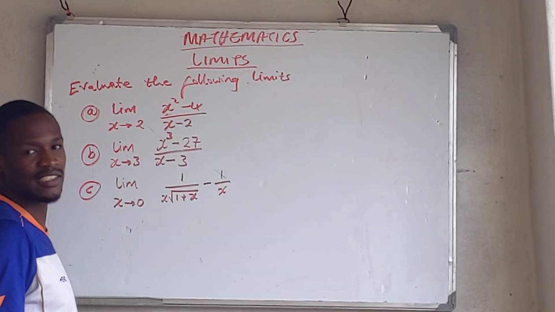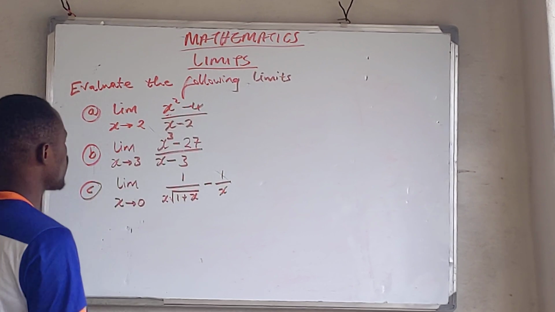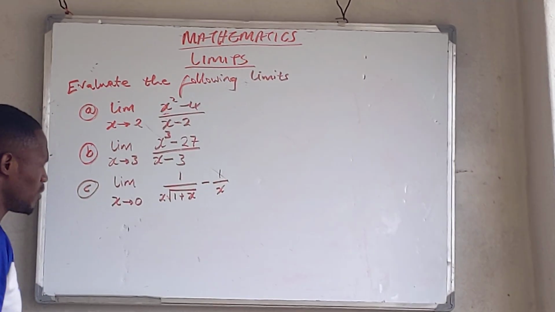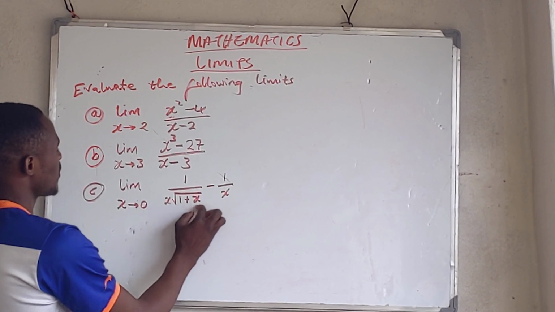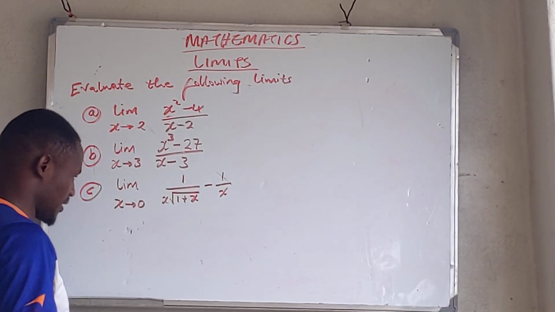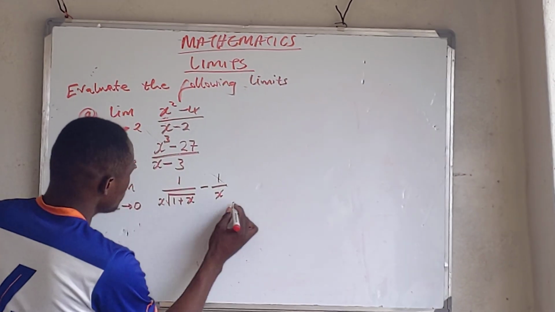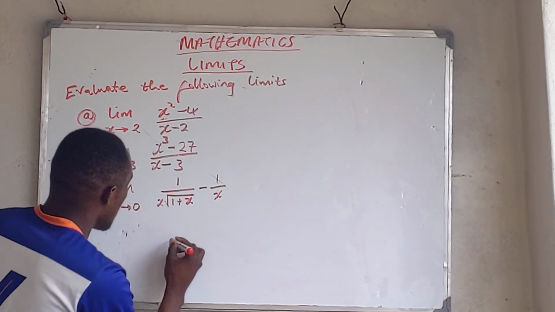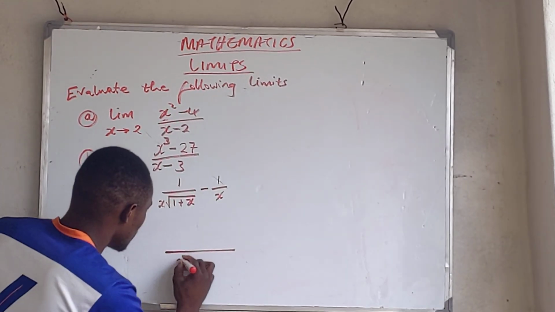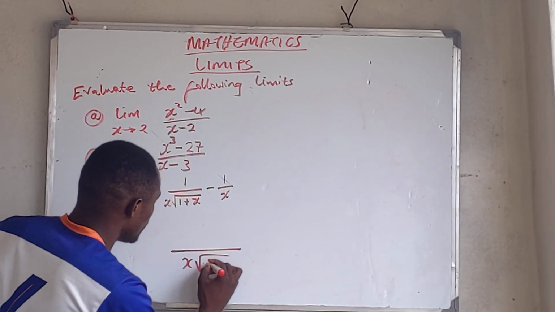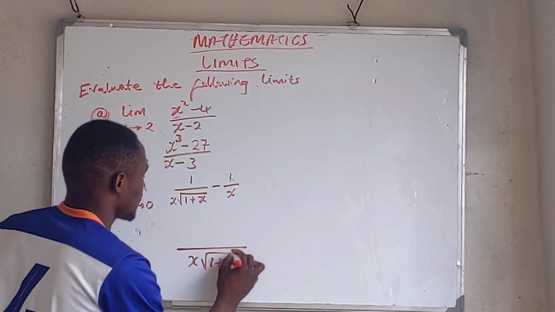Now, we don't want that. Therefore, we are going to combine these two. How? This is 1 over x times the square root of 1 plus x, minus 1 over x. We are going to look for the common factor here, which is x times the square root of 1 plus x.